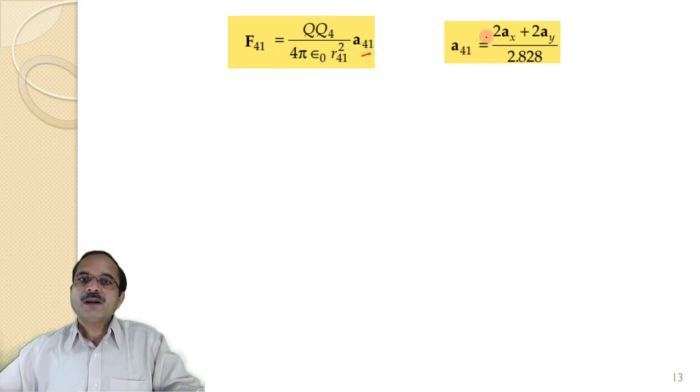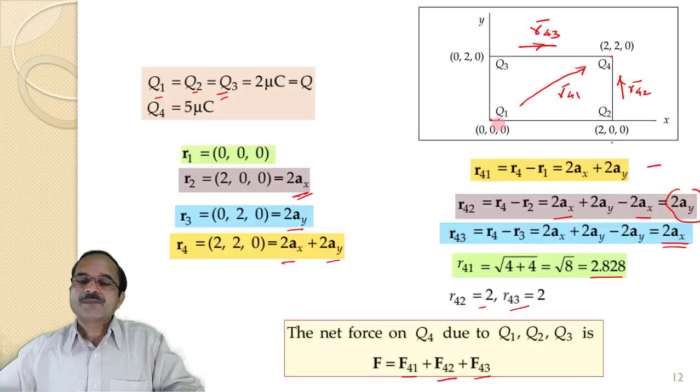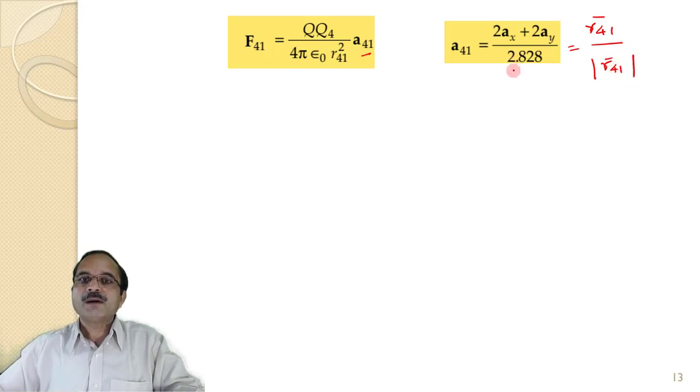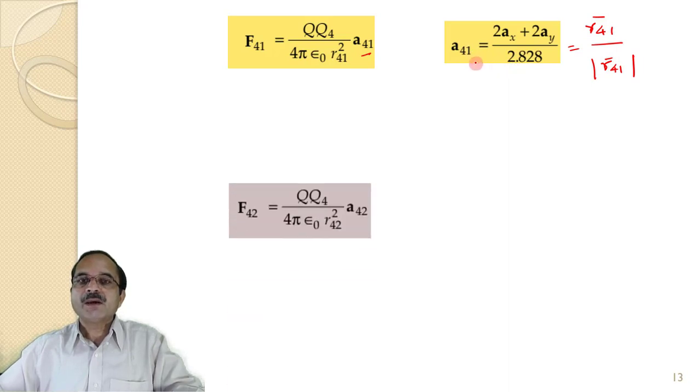Now a41 is vector r41, that is 2ax plus 2ay, divided by the magnitude of vector r41, that is 2.828.